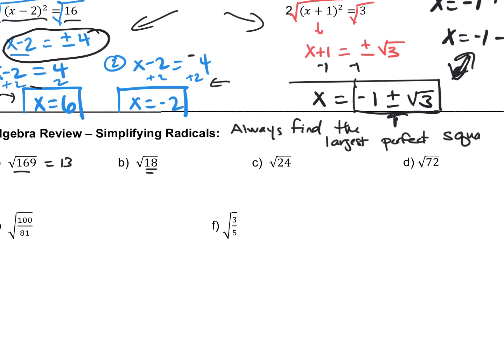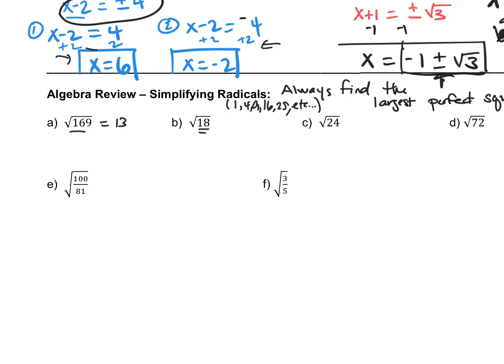Remember, perfect squares are 1, 4, 9, 16, 25, etc. You want to think about dividing these into this one. The largest perfect square in here is 9.